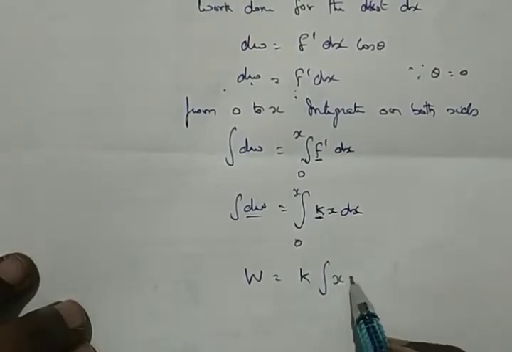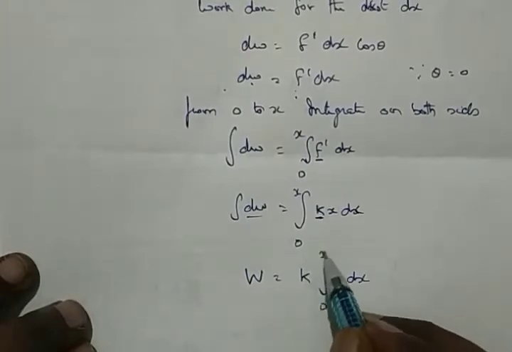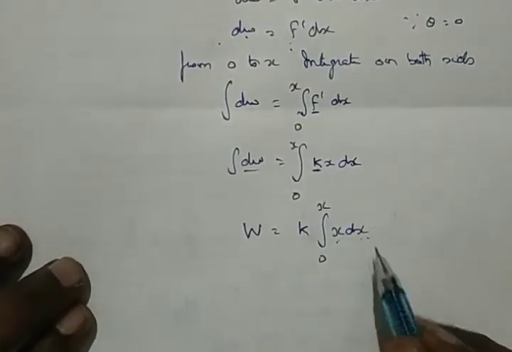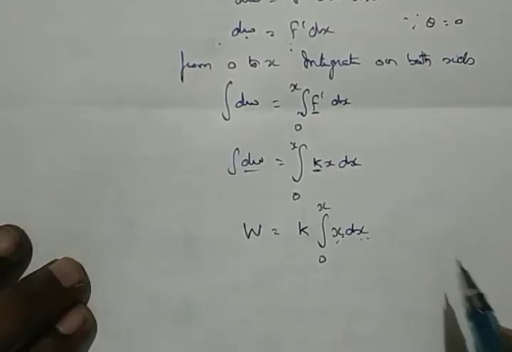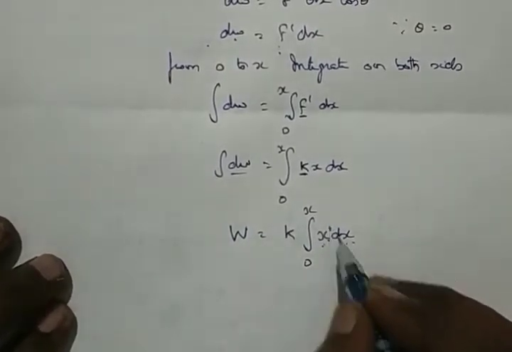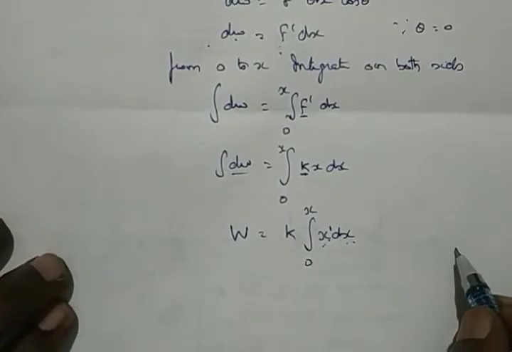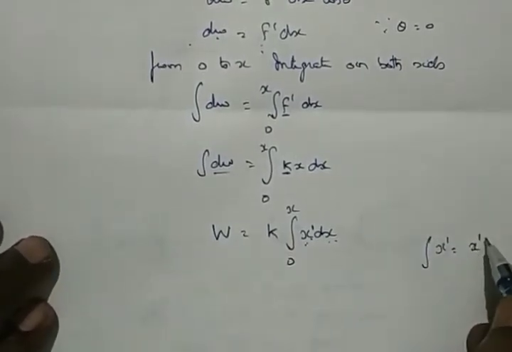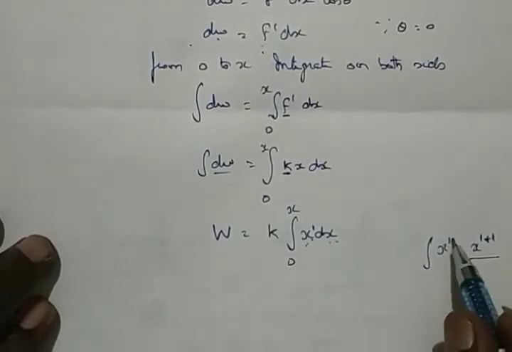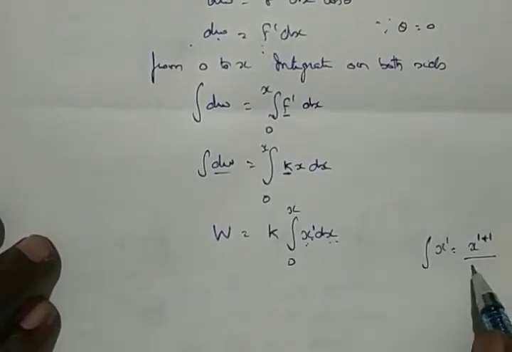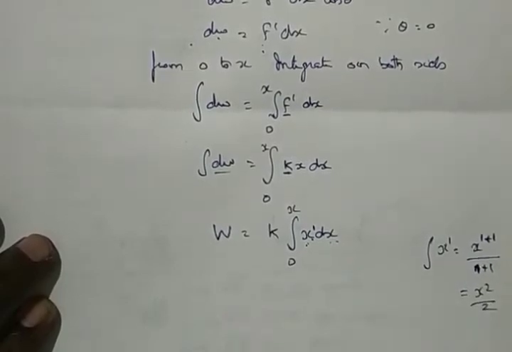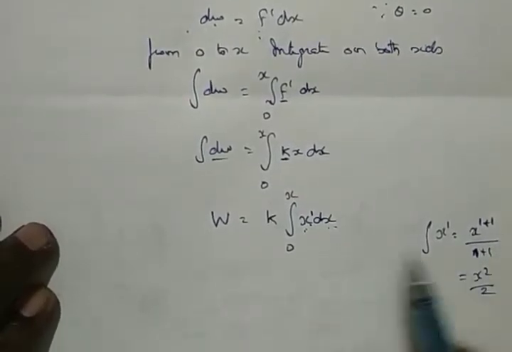So integration of x dx only will be there, from 0 to x. Now x is a power of 1. Whenever you integrate, you add another 1 to the power: n plus 1 upon n plus 1. So it is 1 plus 1, and it is going to be equal to x square by 2. So you know this one.